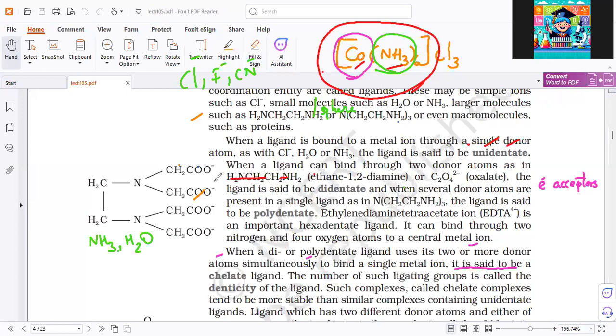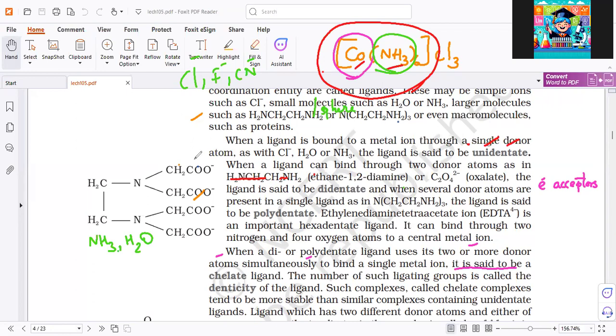For example, these molecules like NH2CH2CH2NH2, or this one, and even macromolecules, very big molecules like proteins, can also act as ligands.